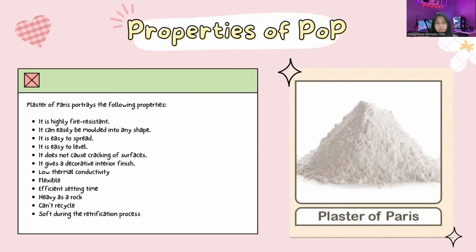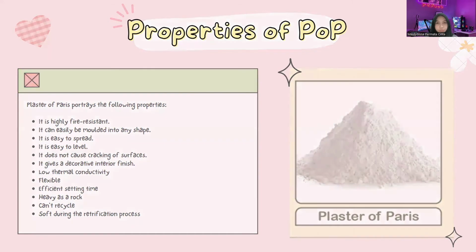And next, it gives a decorative interior finish. And the next, low thermal conductivity. And the next, flexible, efficient setting time, heavy, can be recycled, and soft during the rectification process. This is a picture of plaster of Paris.